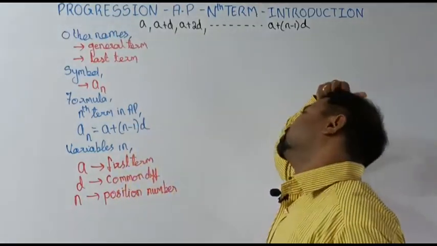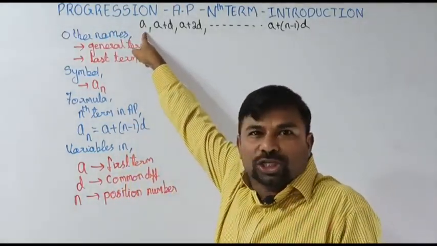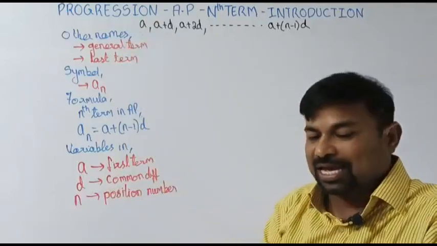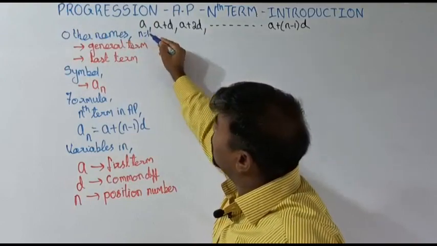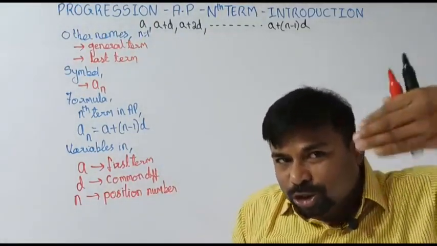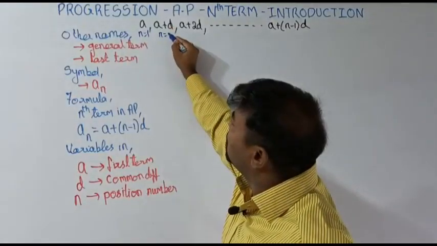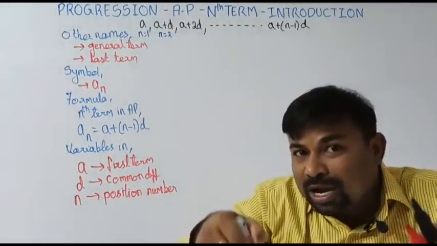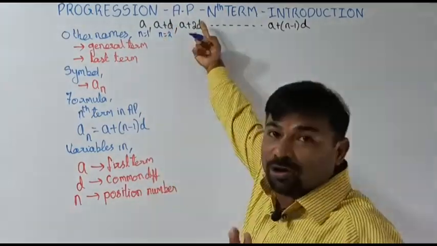Now let me talk about this one here. Shall I say the roll number or the position number of A is 1? Yes. So I call it n equals 1 here, meaning the position of that term is 1. And for this one, I can say n equals 2, meaning the position number of the second term is n equals 2. Now this is the third one.